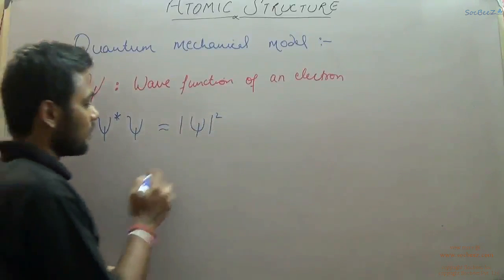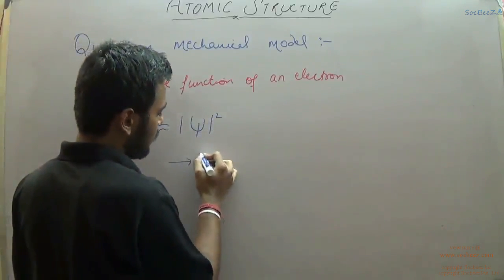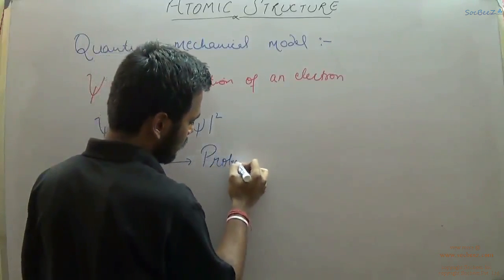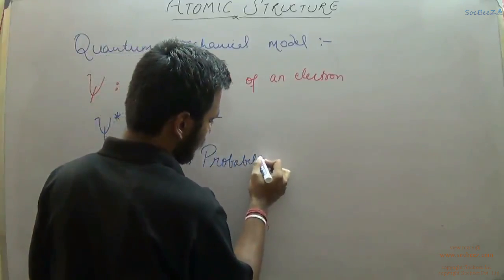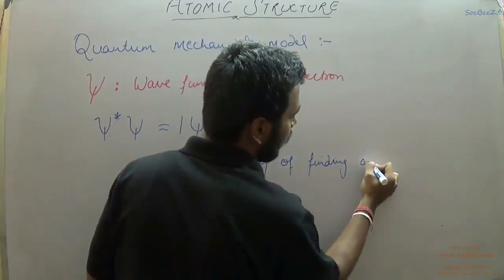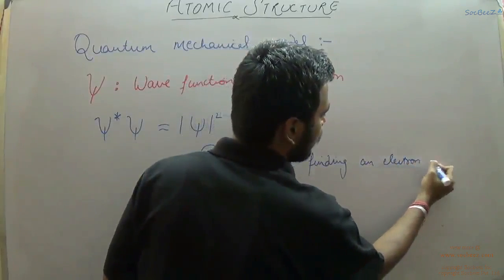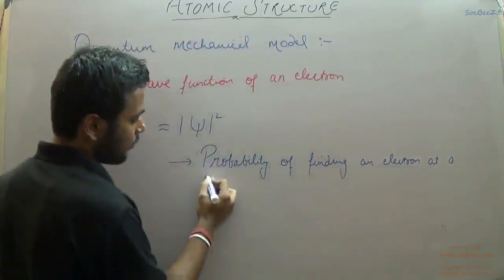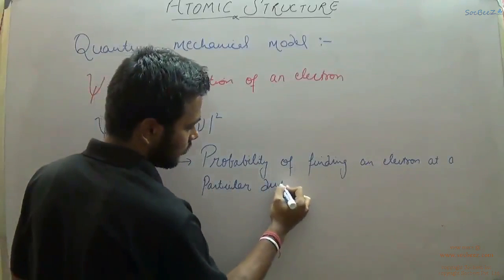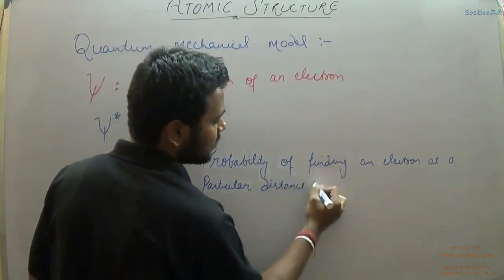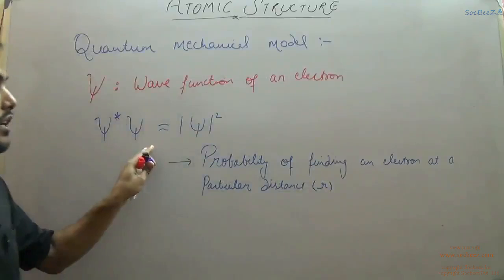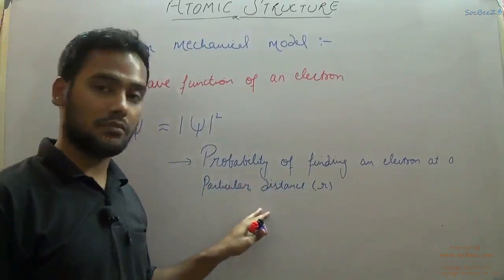Okay, so this is the probability of finding an electron at a particular distance. And we define the distance of an electron from the nucleus as r. Okay, so psi square gives us the probability of finding an electron at a particular distance.